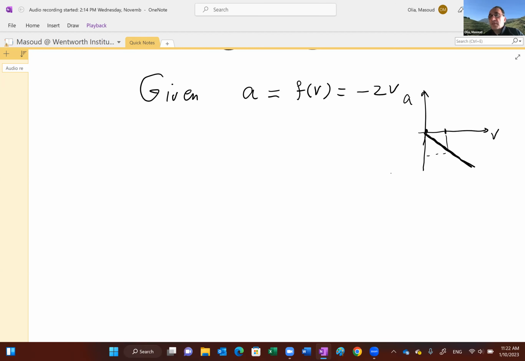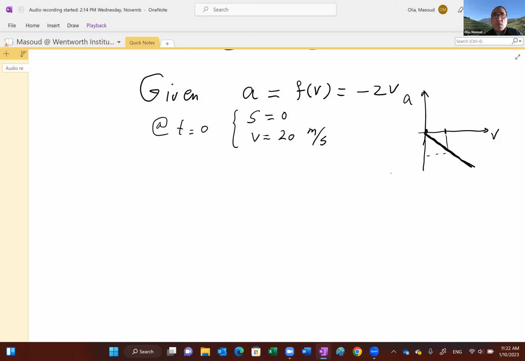So the question is, if we are given some initial condition that at t equal, for example, 0, s is 0, and let's say velocity is 20 meters per second. So we establish our unit as metric system.